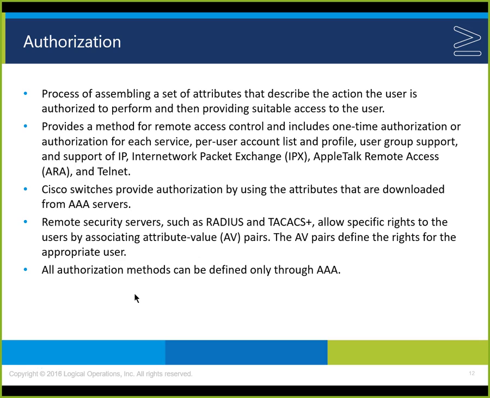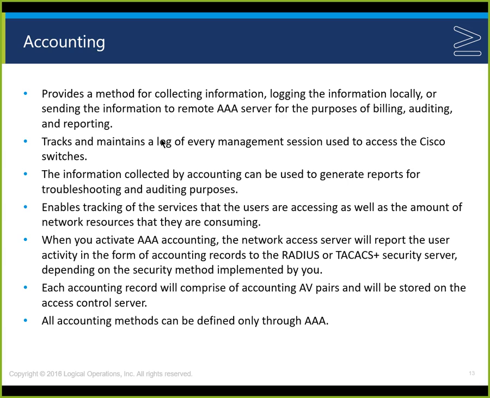Switches provide authorization by using attributes that are downloaded from the AAA servers. Security Radius and TACACS allow specific rights to the users by associating attribute value pairs with them. And all the authorization methods can be defined only through AAA new model.